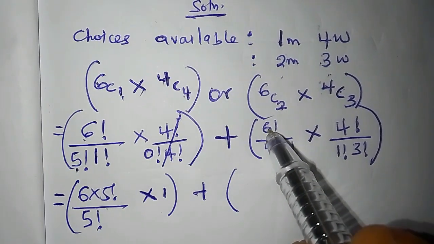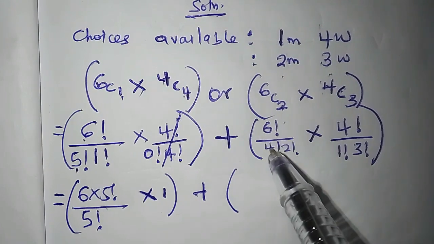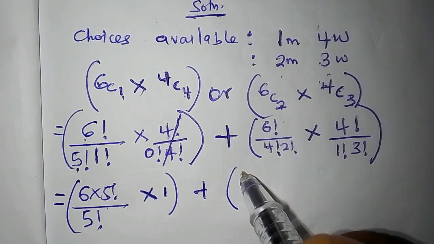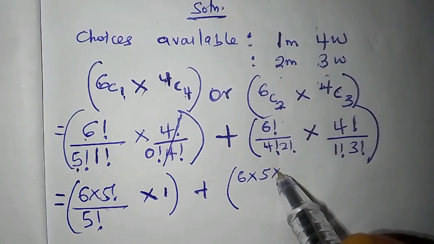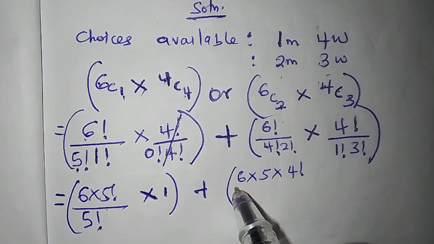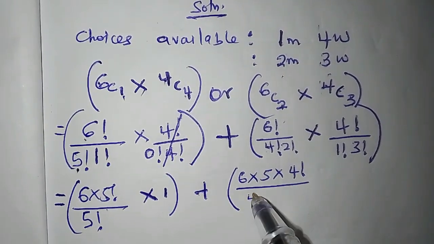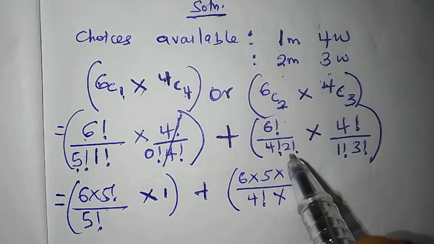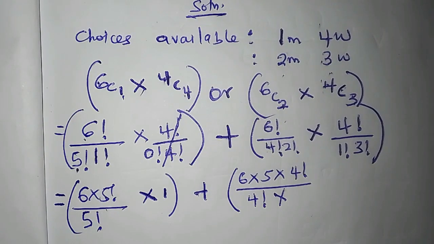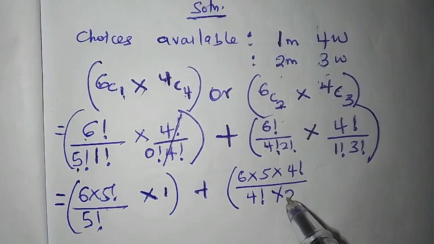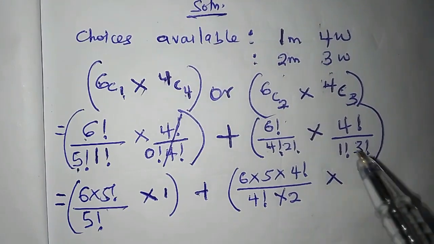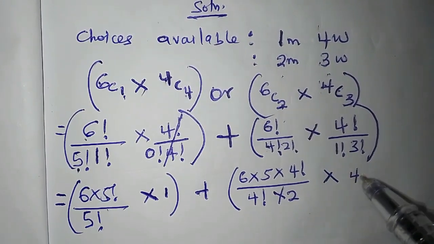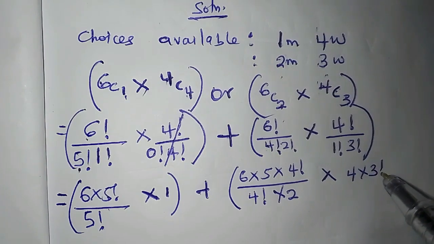Okay, this is 6 factorial. Inside 6 factorial, I can get 4 factorial. That is 6 times 5 times 4 factorial, all over 4 factorial, times 2 factorial is 2 times 1, which is 2, times 4 factorial, I have 4 times 3 factorial.